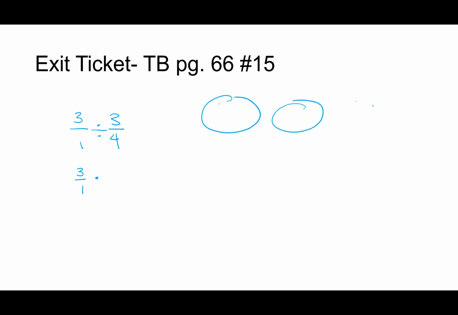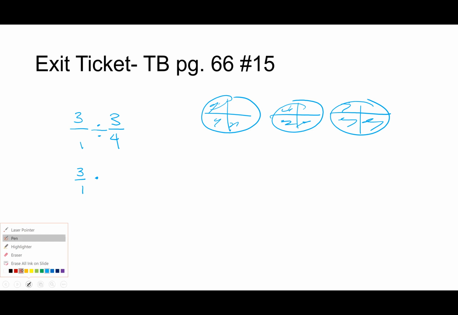Because we've got 3 cakes and we want to know how many kids can get 3/4 of a cake, right? So we're dividing, our question is how many 3/4 can we get out of those 3 cakes? We're going to get 1, 2, 3, and we're going to end up getting 1 more set of 3/4. It's going to give us 4 sets of 3/4. But how do we get there mathematically is really what we need to figure out.